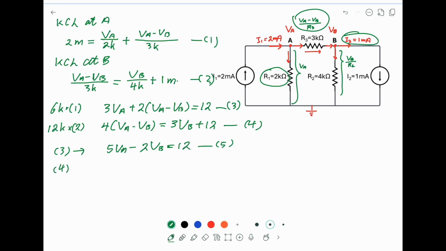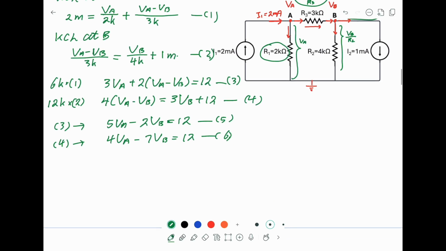From 4, I further simplify, and this is equal to 4VA minus 7VB, and equal to 12. This is 6. Now I can eliminate VA or VB, so I decided to eliminate VA first. It doesn't matter what method you use as long as you can solve VA and VB.